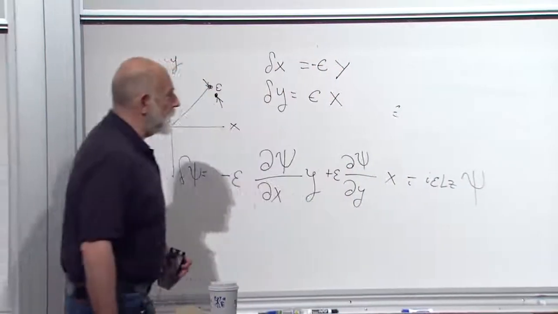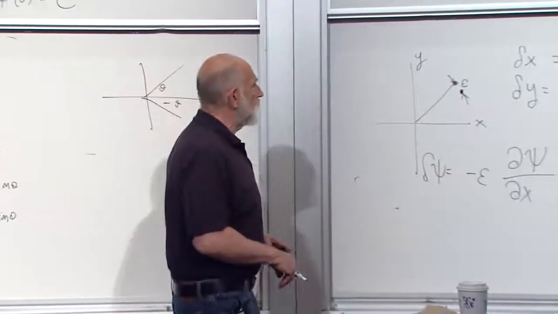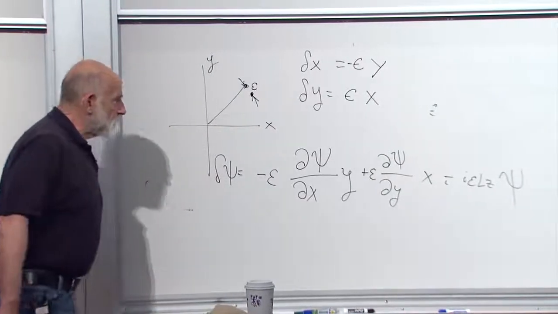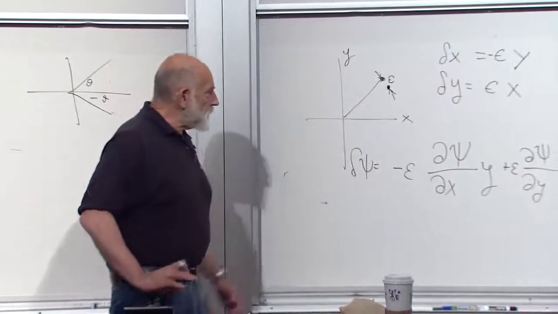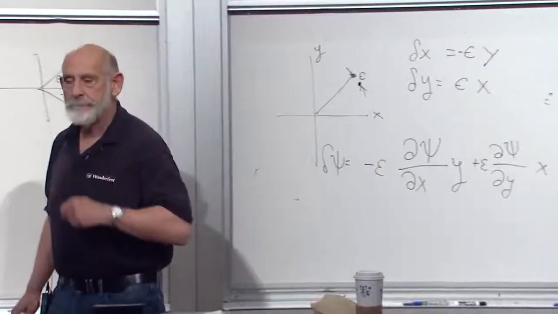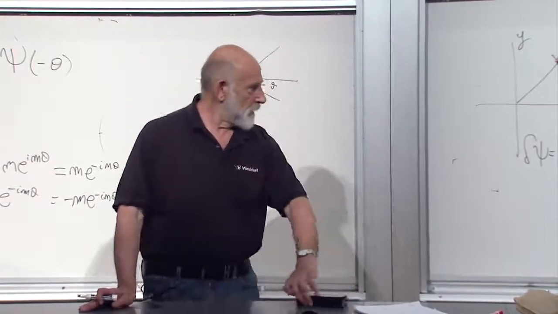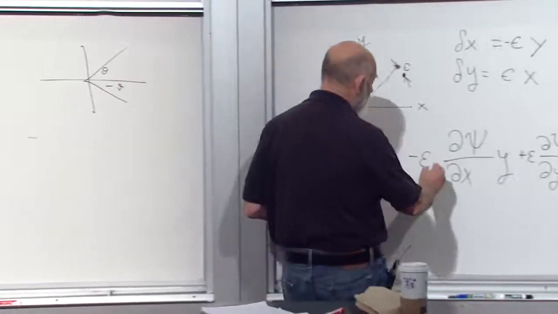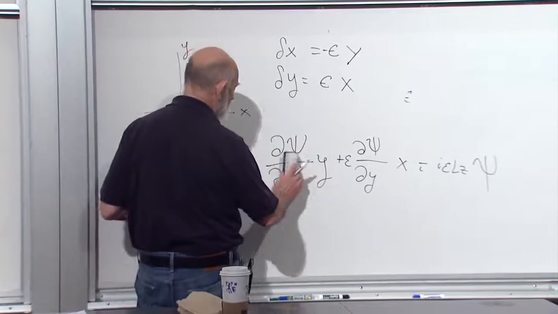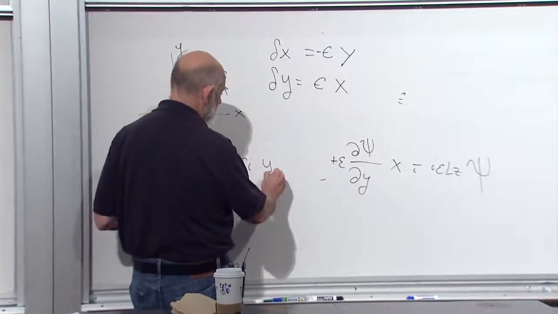Now it's much too late in the evening for me to follow the signs, so I won't. I'll leave the signs for you to figure out yourself. But it has this form. But what is d psi by dx in quantum mechanics? i times px. So this is another factor of i, and this is y times px.